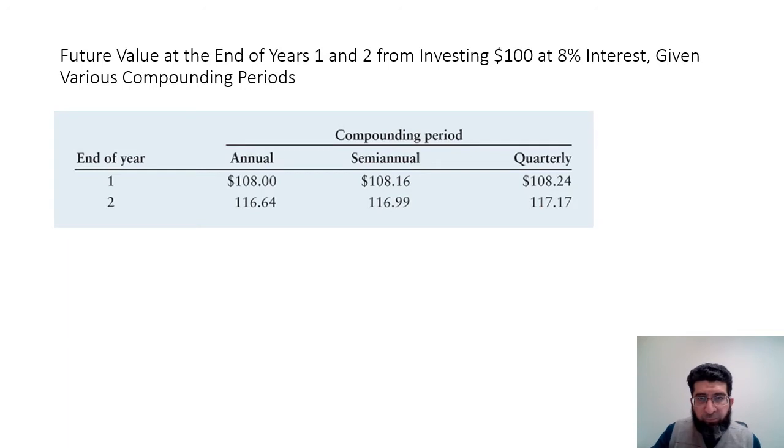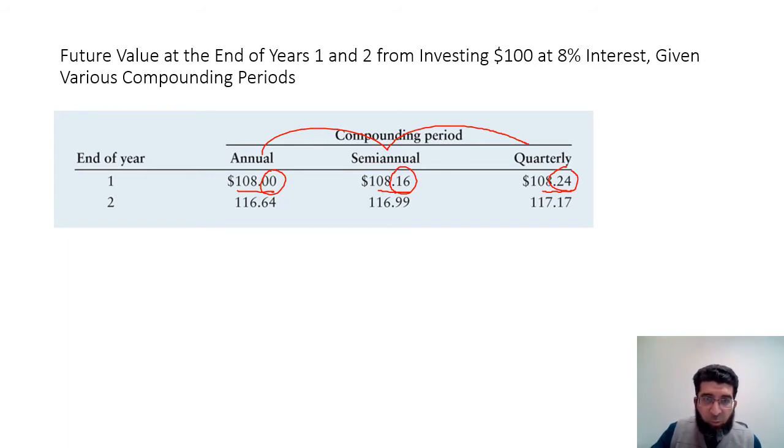Future value annually, if you invest and compound annually, you will have 108. Semi-annual compounding, which means compounding twice within a year, gives 108.16, and quarterly gives 108.24. You can see that these are increasing as we go from annual to semi-annual, and from semi-annual to quarterly.